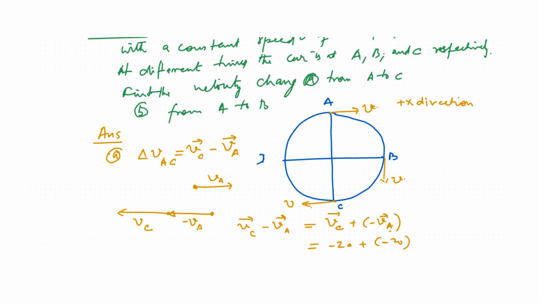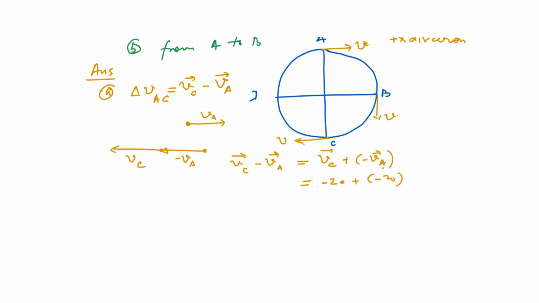So this is negative 40 meter per second. The negative sign shows the negative x direction. Okay. So we can say that there is a change in velocity of 40 meter per second in the negative direction, or we can say in the direction of VC.